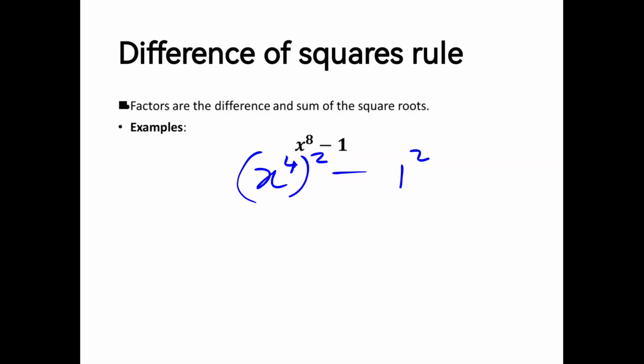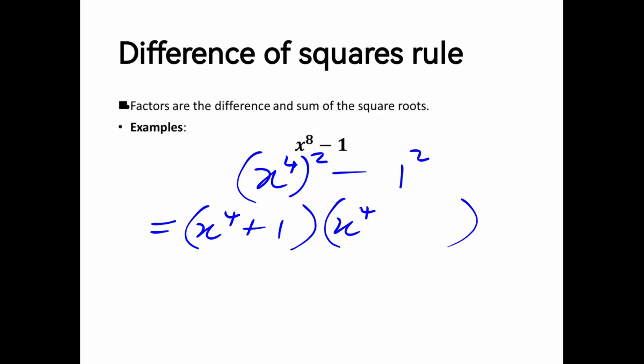Then we are left with no choice but to think of this as squares. So if that is the case, then we can write this as a difference and sum of the square roots. So x to the power 4 plus 1, x to the power 4 minus 1.